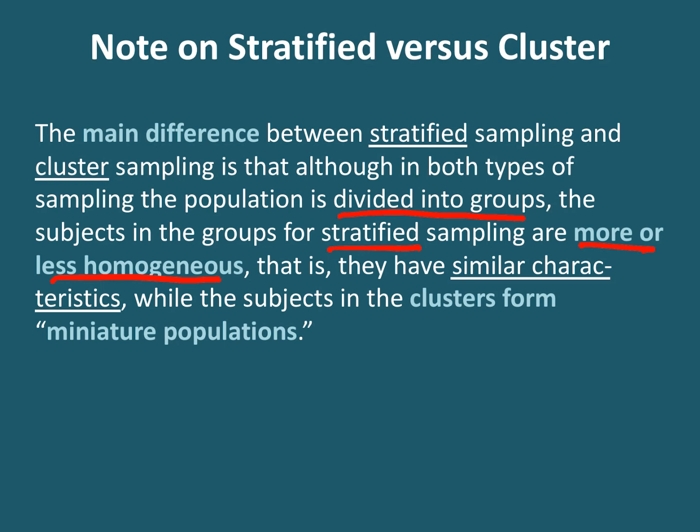For example, let's talk about age groups. One of the strata could be people from the ages of 18 to 29. While the subjects in the clusters form more what are known as miniature populations. Again, for example, a miniature population could be one specific classroom from a specific elementary school.